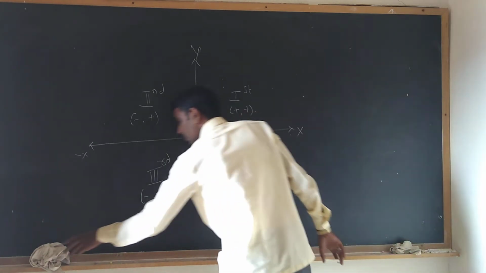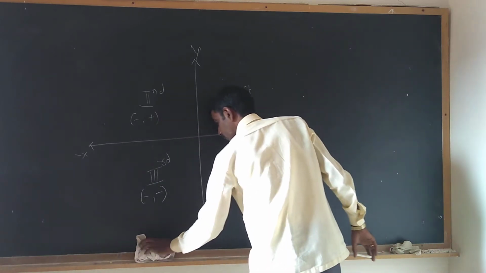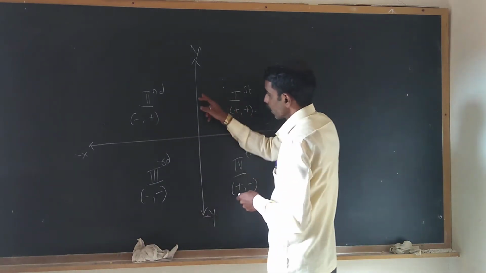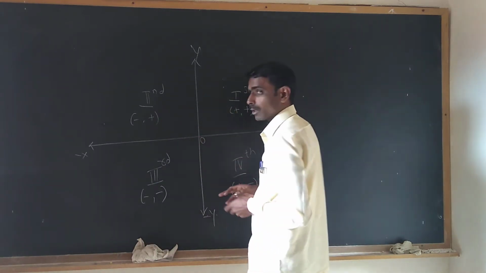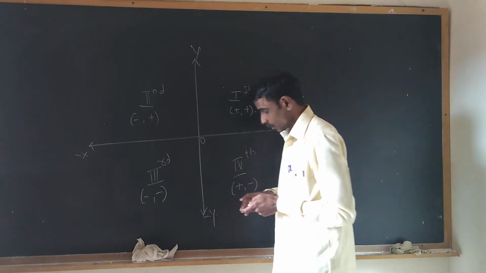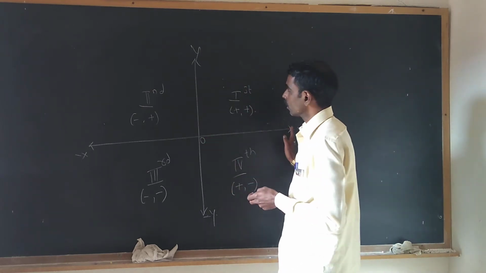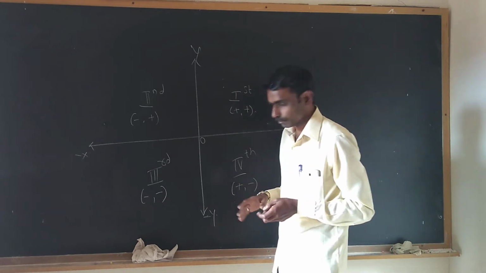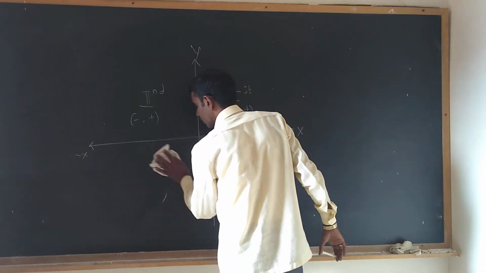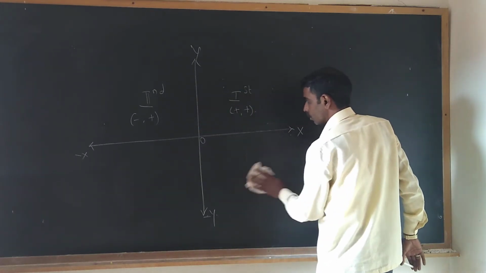Now, the point of intersection of these two axes, you always call it the origin, that is O.